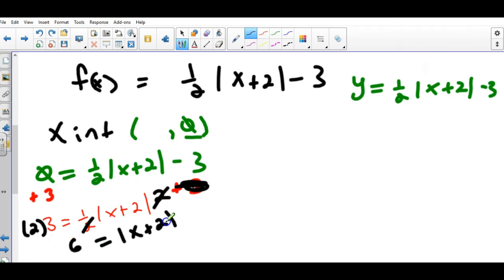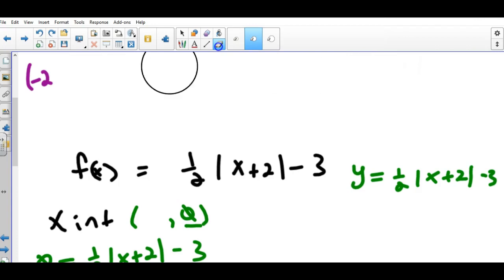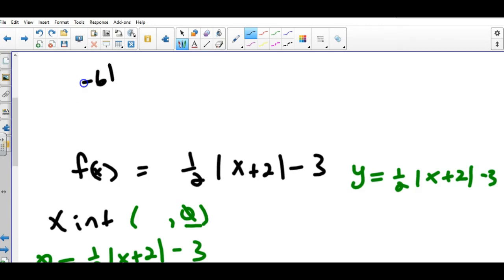And now all we have to do is solve it from here. Once you get here, a very critical thing has to happen. Absolute value, guys. Remember how the absolute value represents both a positive and a negative? For example, if you had the absolute value of -6, you would say it's equal to 6.